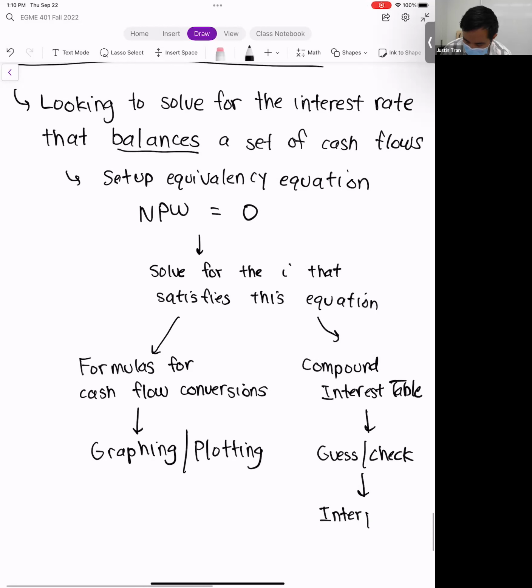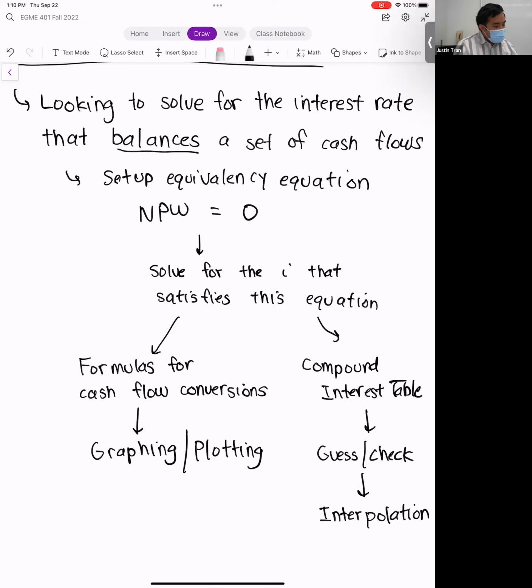Even though the compound interest tables are great tools, we only have the conversion factors for certain interest rates, usually the whole numbers like 3%, 4%, 5%. Usually the true rate of return is somewhere in between two of the tables, so you're going to have to interpolate in order to get the final solution.